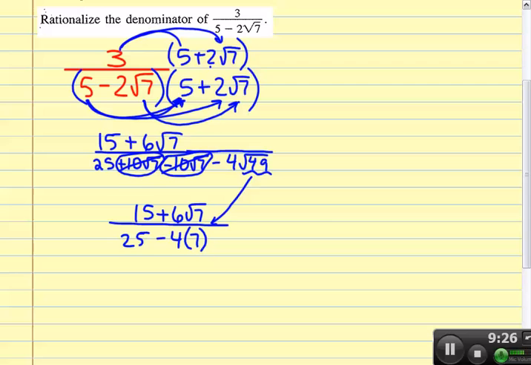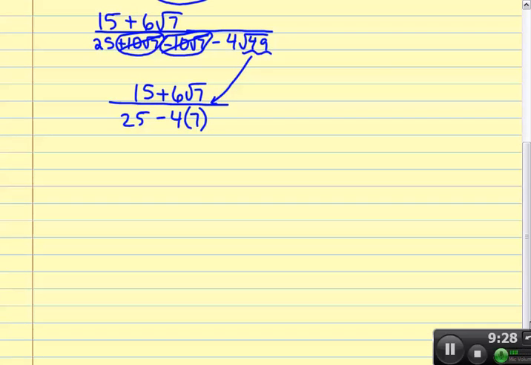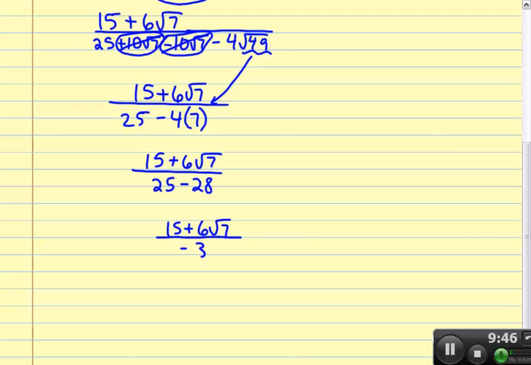Let's keep simplifying. 15 plus 6 root 7 over 25 minus 28. That's okay, it's going to be a negative. 15 plus 6 root 7 over negative 3. I can take that negative sign that was on the bottom and put it out front.